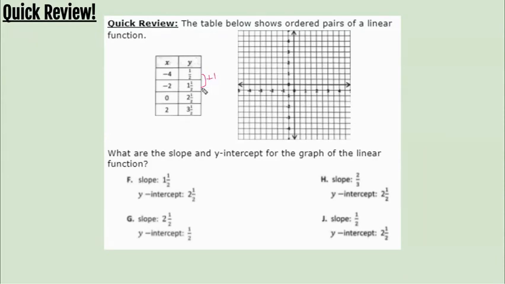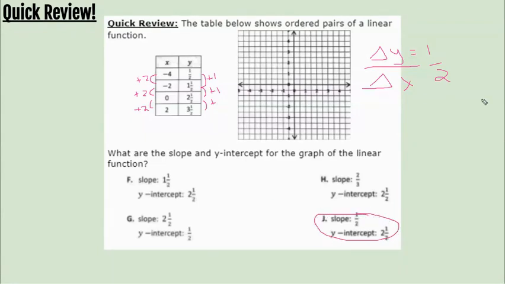I know here that I'm adding 1 each time, so my change in y is going to be 1, and my change in x is going to be 2. All right, so I know my slope is going to be 1/2. This is without graphing it.